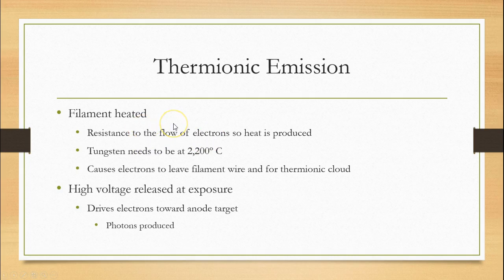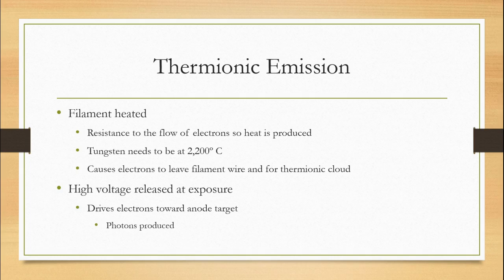All right. Thermionic emission. So your filament is heated, and what happens is there's a resistance to the flow of electrons, so heat is produced. Tungsten needs to be at about 2,200 degrees Celsius, and it causes electrons to leave the filament wire and form the thermionic cloud.